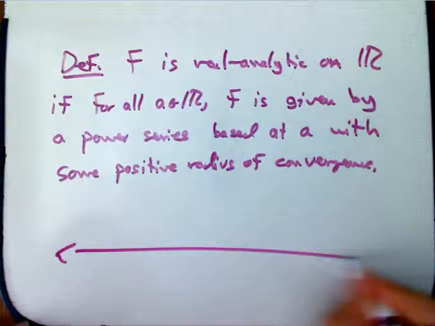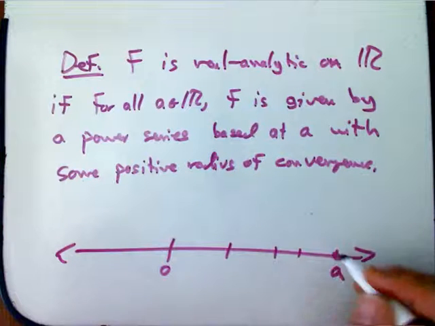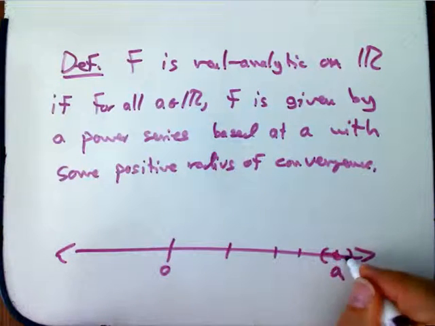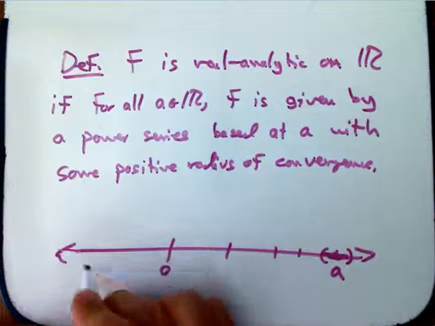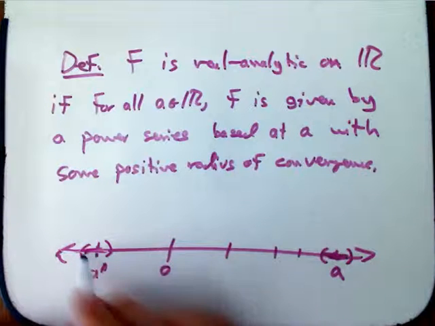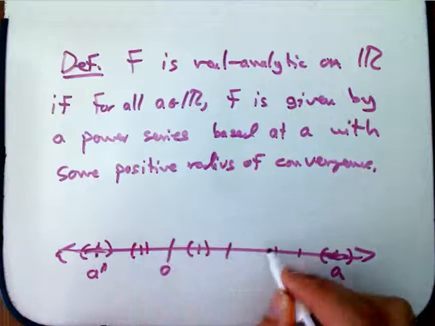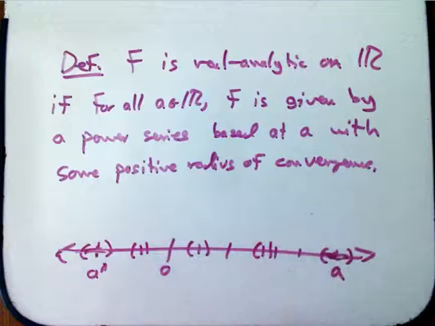So on all the real line, no matter where you are, here's A, there's some way to express it as a power series here. And we're not quite sure exactly how that relates to some other A prime, how the power series relates over here and what the radius of convergence is and everything. But it says that locally, near every point in R, it's nice. Now for our test functions, we want them to be nice everywhere.